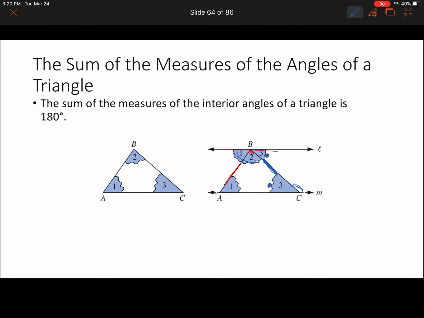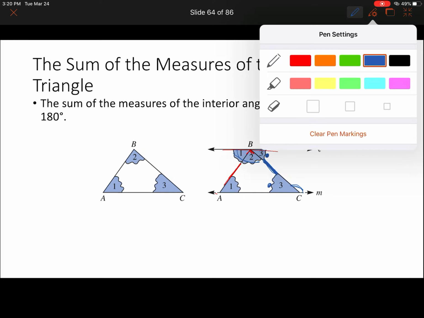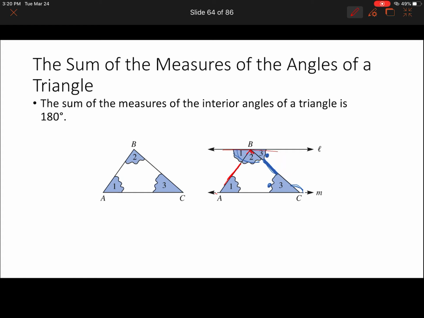Angle 3 is an alternate interior angle to this angle. That should be pretty easy to see. It's on the inside of the transversal, and they're on opposite, or alternate, sides of the transversal. The same thing is true with the transversal I've marked in red, where angle 1 and this angle out here are also alternate interior angles. So their angle measurements must be the same.